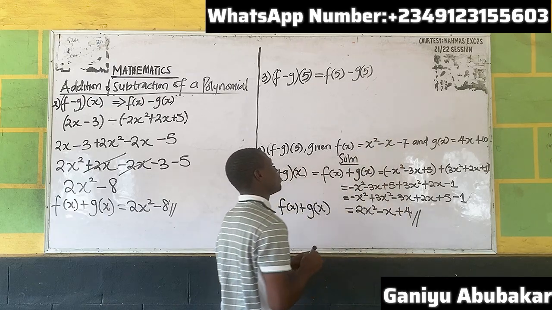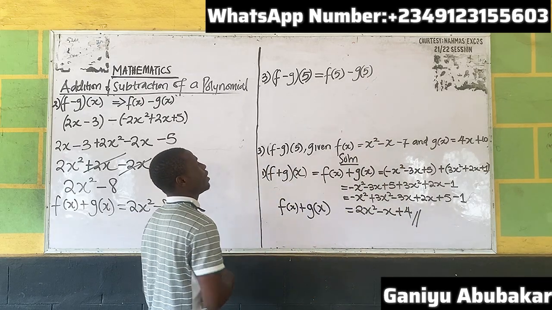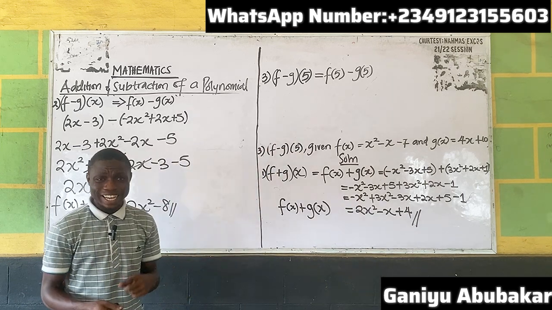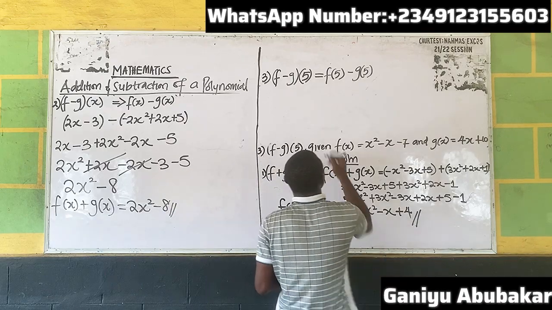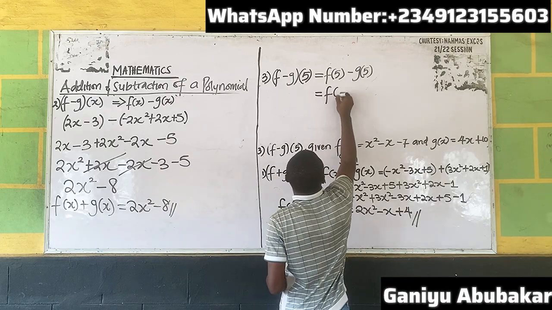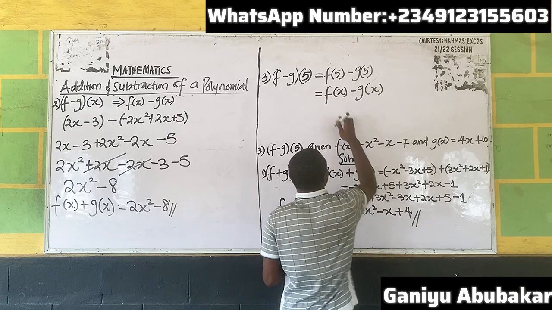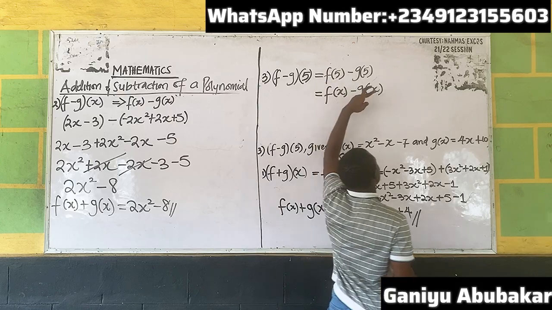Normally it is meant to be f of x minus g of x, but in this case the x there is being replaced by 5. That is, anywhere you see x, put 5. In proper form, it is meant to be f of x minus g of x. So let's work with this. Anywhere you see x, put 5.